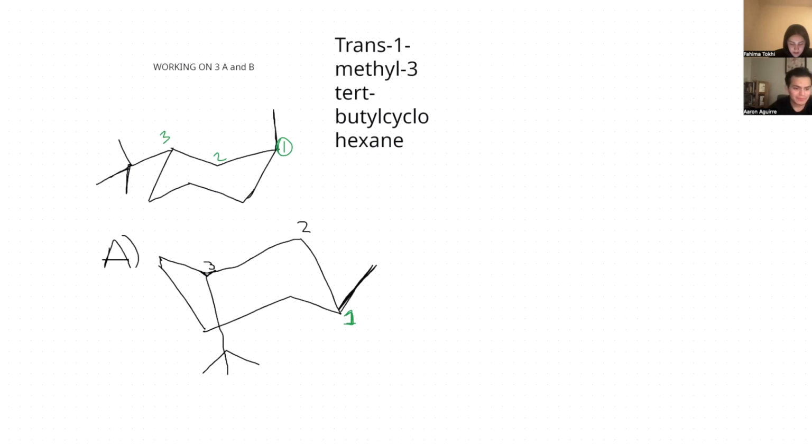Is there any difference in stability of these two conformations? Explain using the strains.